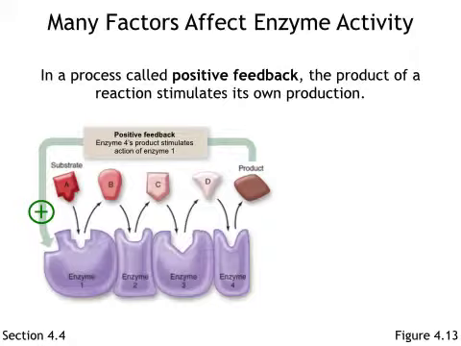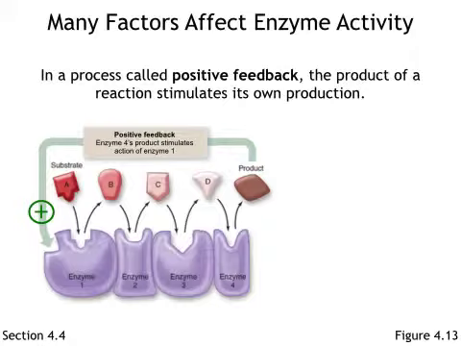Then there's a positive feedback mechanism where the product of a reaction stimulates its own production. So here we have a chain of enzymes, 1, 2, 3, 4. And there's a substrate A which is modified each time by the different enzyme until you get the final product there in brown. So that product, though, can actually fit into that first enzyme and make it go faster.